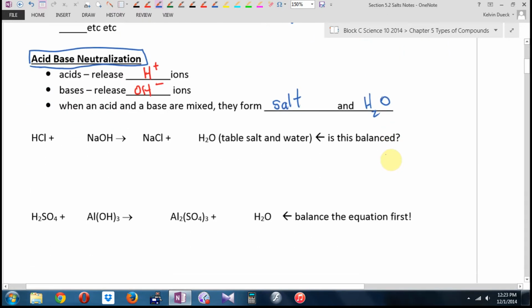So here is an acid-base neutralization reaction. Here's how I can tell. Look at the first chemical. What does it start with right here? Acid. In fact, this is hydrochloric acid. This is your stomach. Look at the second chemical. What does it end with? The whole thing, OH. It's a base, okay?